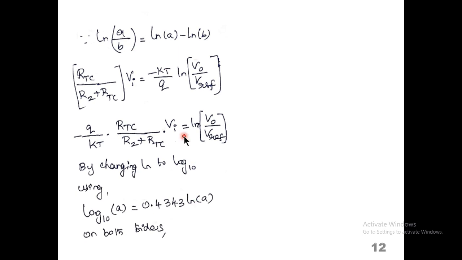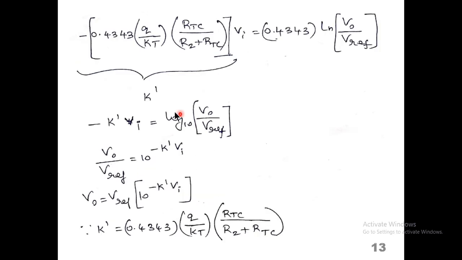Taking log on both sides, log 10 A equals 0.433 ln of A. By simplification, we get V0 equal to reference voltage times 10 power minus K dash times Vi. K dash is considered like this. So this is the final logarithmic output voltage.